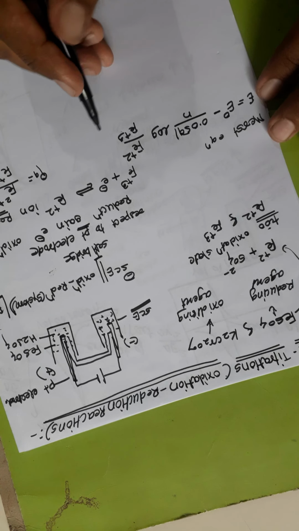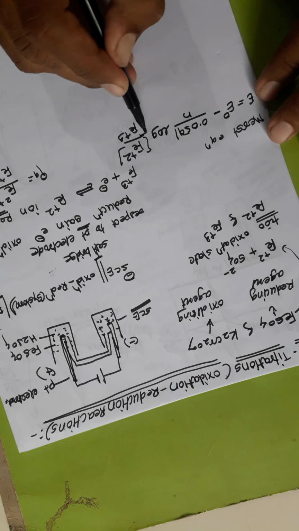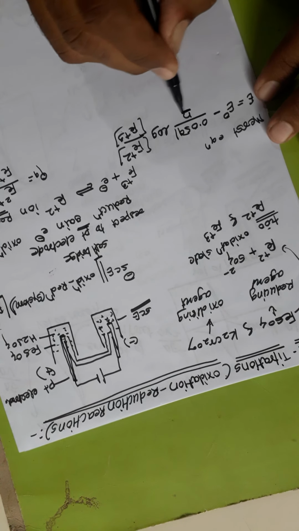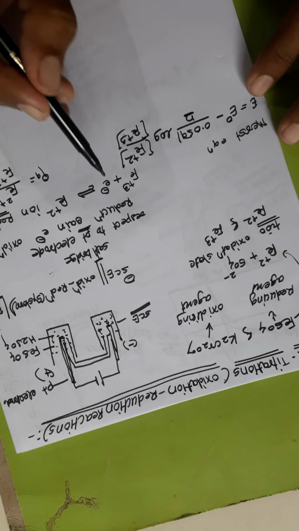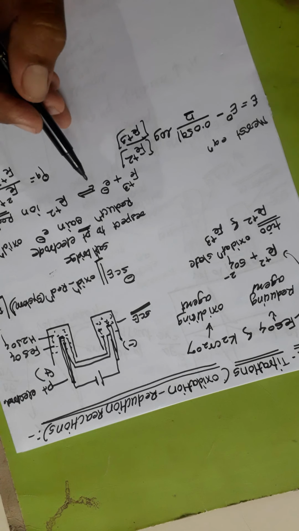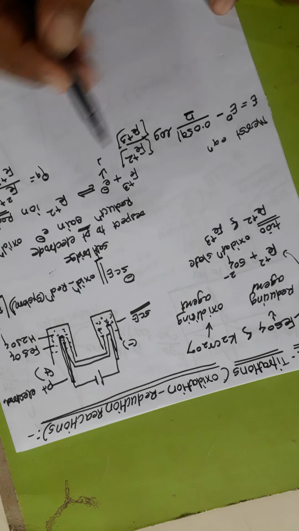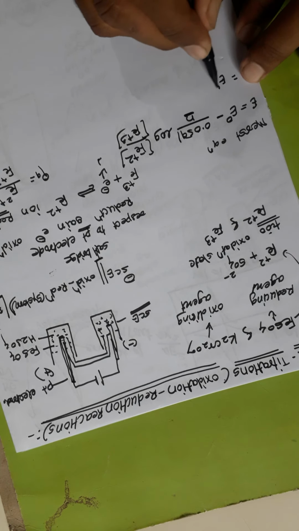Here n means the number of electrons taking part in the oxidation and reduction; only one electron is there. That's why E = E0 minus 0.0591 log of Fe2+ upon Fe3+. This is the Nernst equation for this reaction.